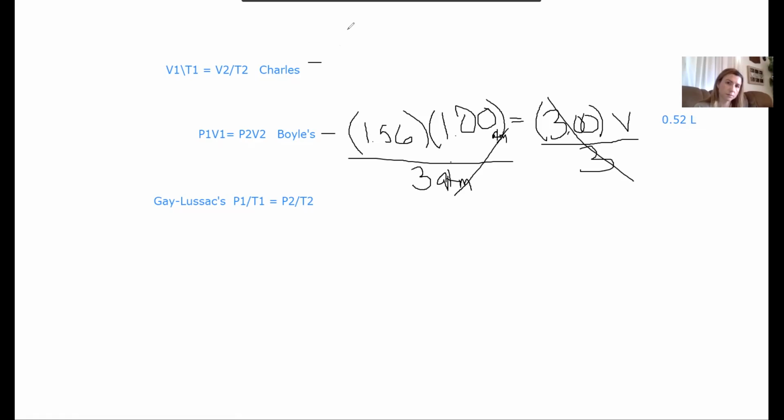Our first volume is 2 liters, and our first temperature is 21 degrees Celsius. That's the first side of the problem. And our second volume is 1 liter. We want to figure out what the temperature is here.